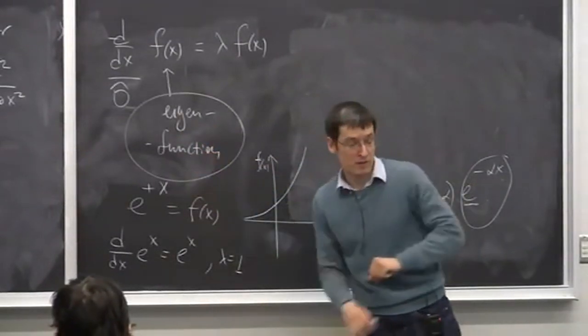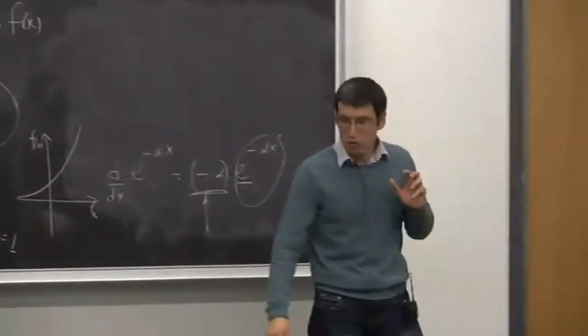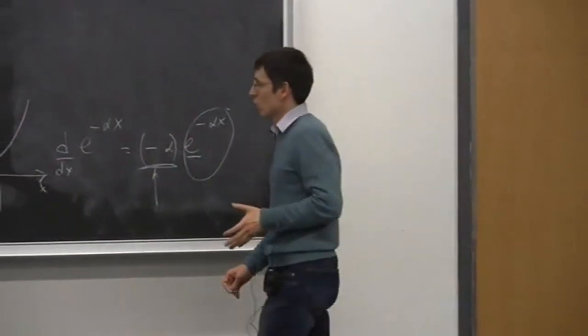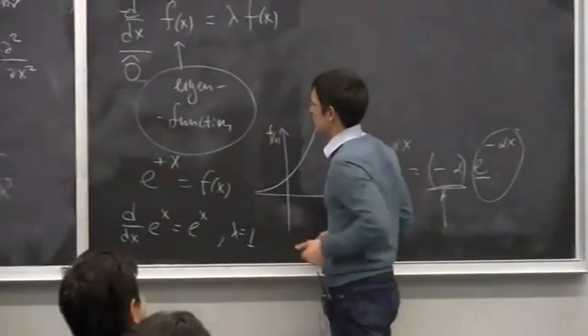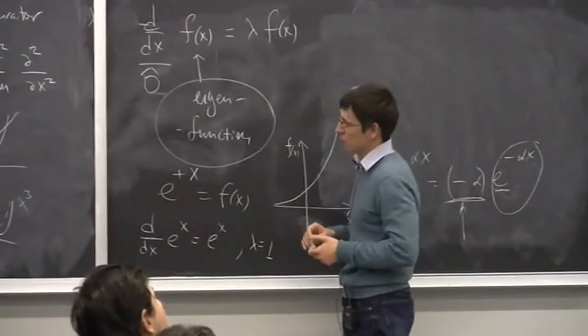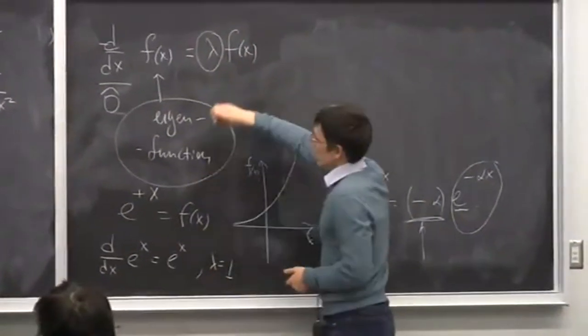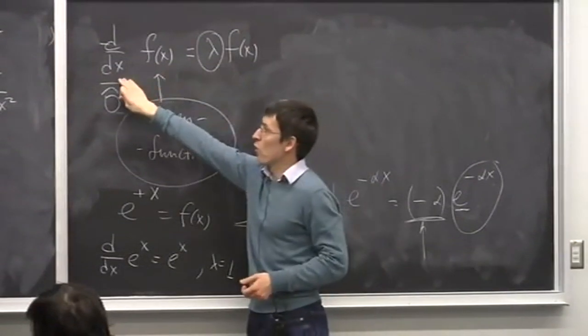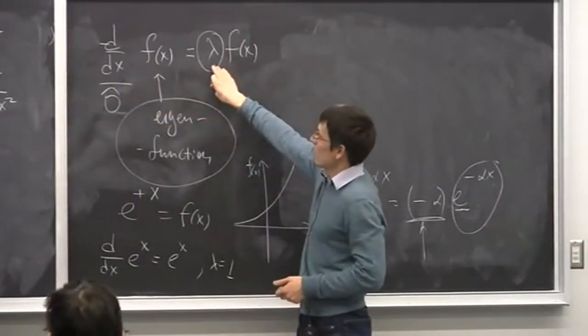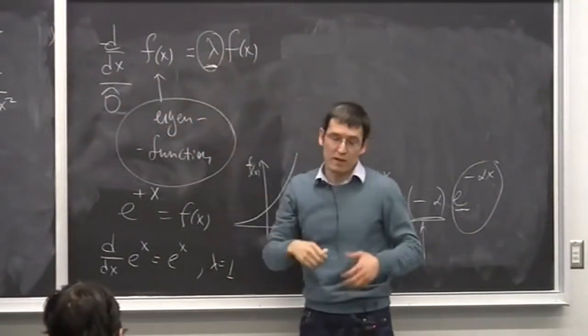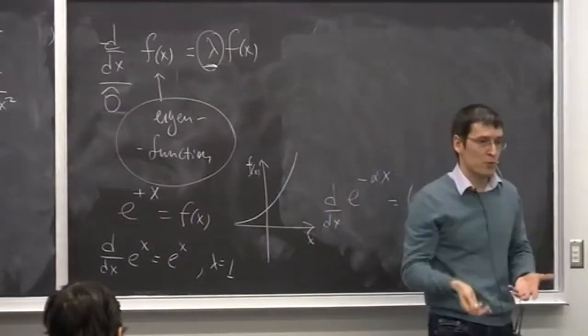Now, this is all math. And the physical reason why we are making such a big deal out of the eigenfunctions is because the eigenvalues that come out of the eigenfunctions when the operator acts on them are the numbers that come out as a result of the experiment.